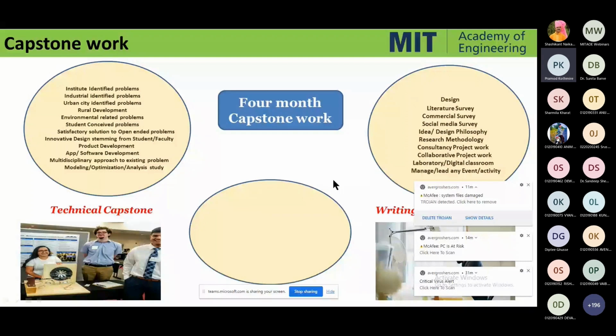First by using a hard technique, and second by using a soft technique. Hardcore technique means by performing the experiment, by designing the prototype, by developing the prototype, by conducting the experiments, and by doing the analysis. And another way is the soft technique, that is by using computational methods we try to give the solution.